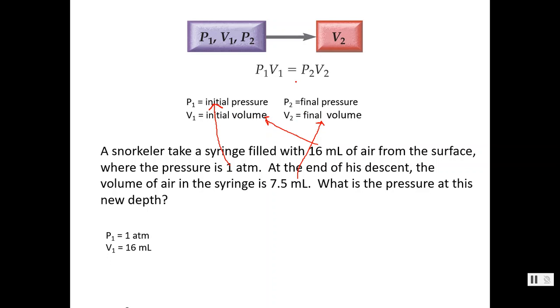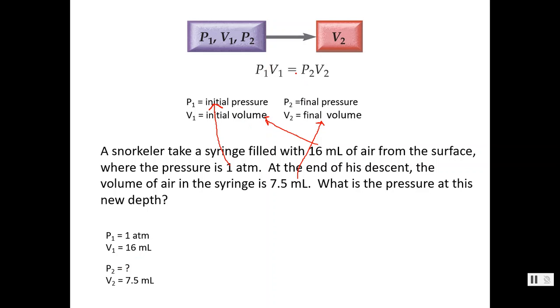So to do that, we organize the information that we've been given. We need to find P2. From our equation P1 V1 equals P2 V2, we need to solve that for the variable P2.